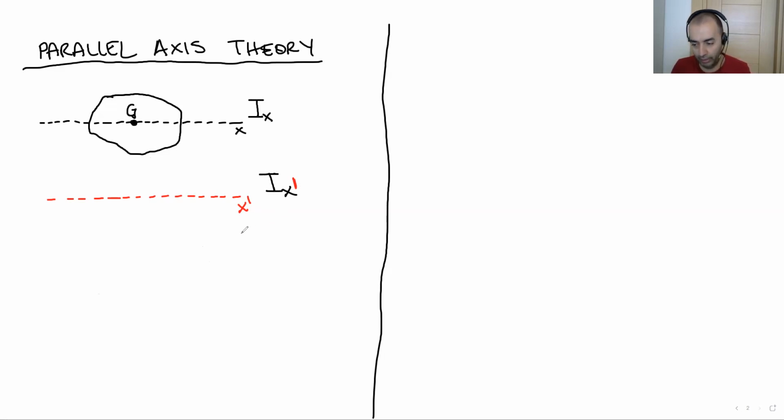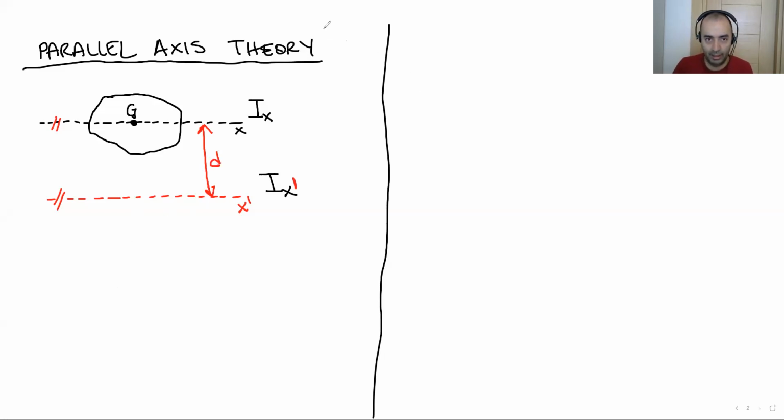How to do it? When we do this change, these lines should be parallel to each other. We can do it only between parallel lines, as you can see from the name of the theorem, parallel axis theorem. Let's say the distance between these two x axes is d.